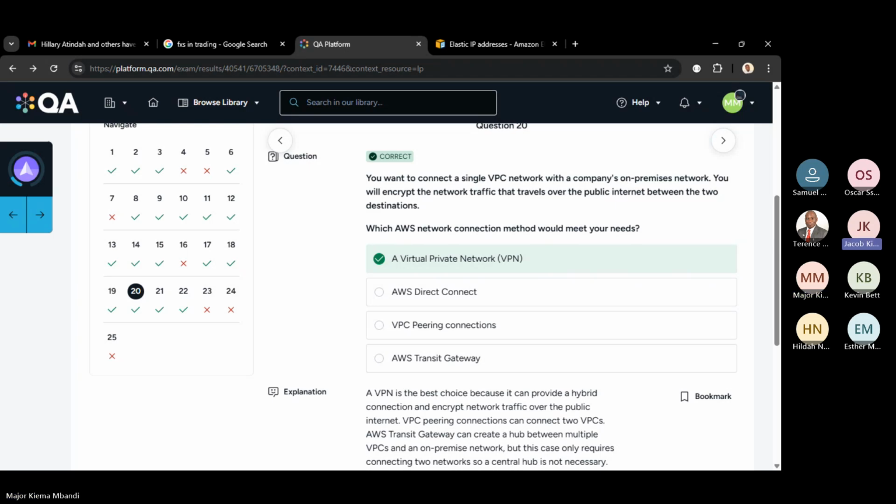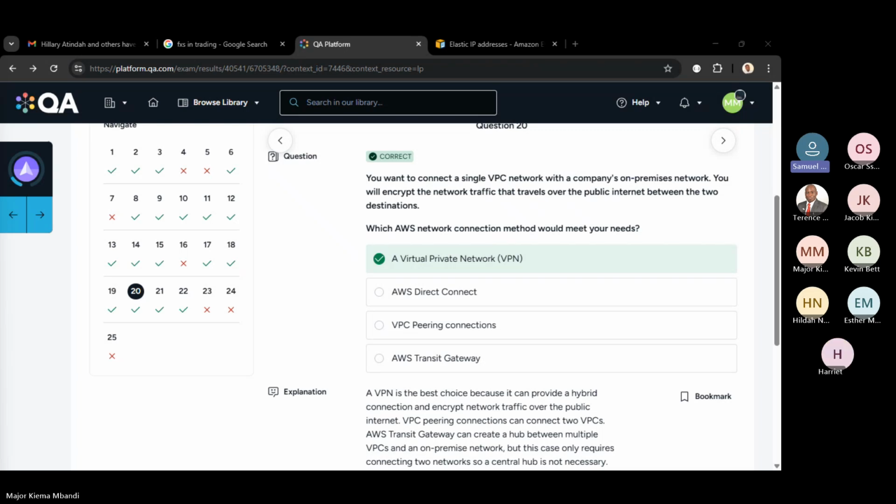Okay, so next, I think we can go to Samuel. Okay, let me take that. You want to connect a single VPC network with a company's on-premises network. You will encrypt the network traffic that travels over the public internet between the two destinations.